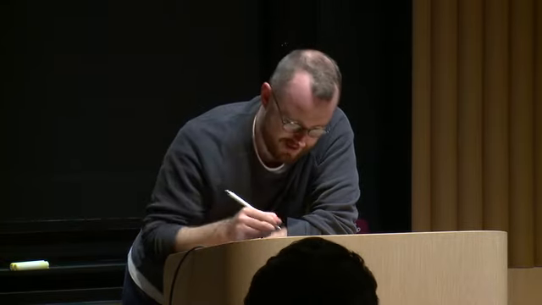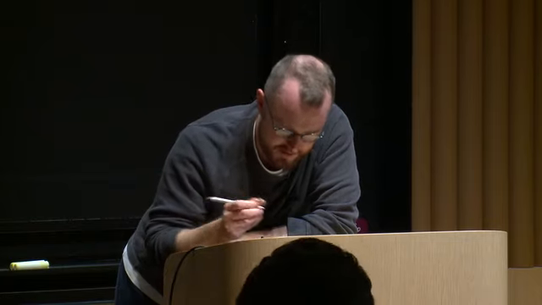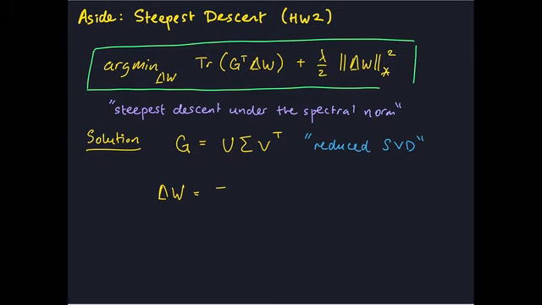Yeah, something like that. But okay, I'll just write one version of the answer. There are other ways to write it, but this is a simple way to write that answer.